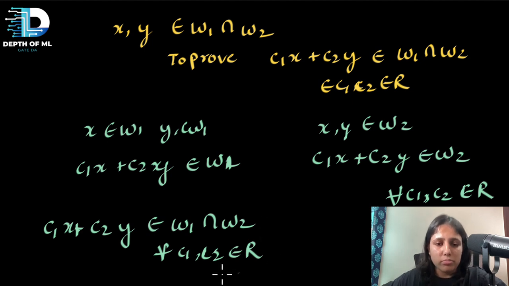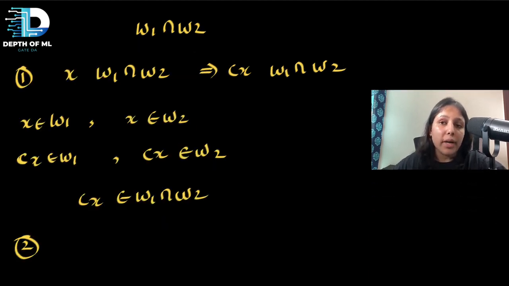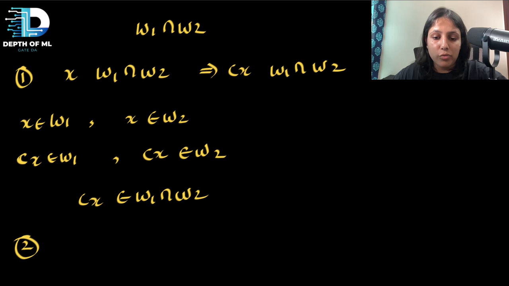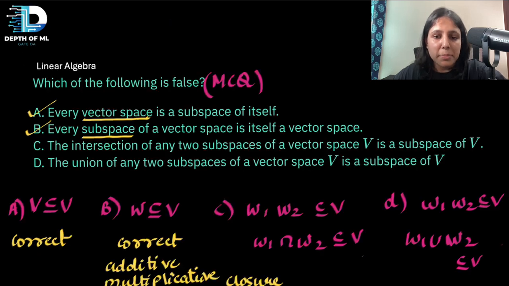So I wanted to prove this for all C1 and C2 belonging to R, or the scalar field, the vector space R. I wanted to prove this and I have proved it. So my second property is also proved, right? So the closure is there. And I know that the rest of the properties are automatically there for these two vector spaces or subspaces. So this is actually correct, right?